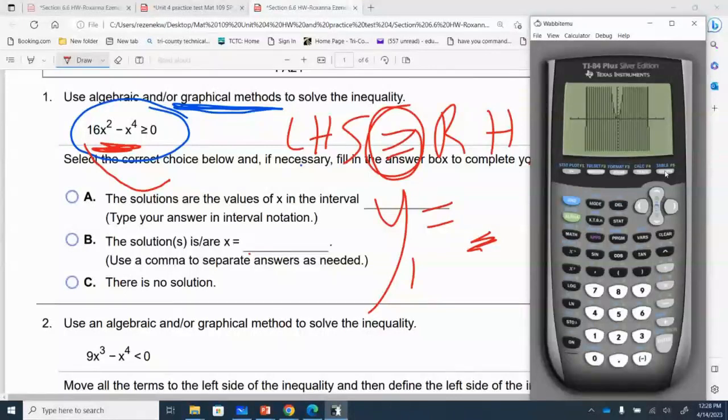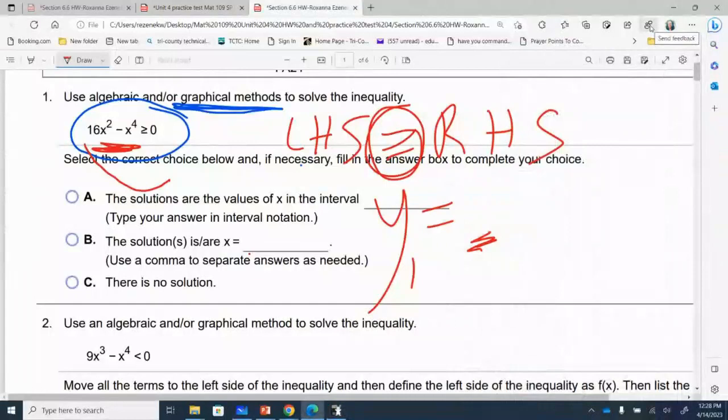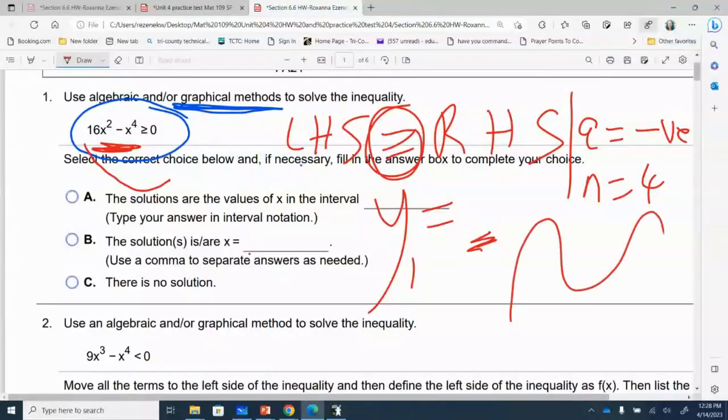The most important thing for now is that we already know the properties of this polynomial expression. I can see that the leading coefficient A is negative, and it is a 4th degree polynomial. Every 4th degree polynomial with a negative leading coefficient should be like this.